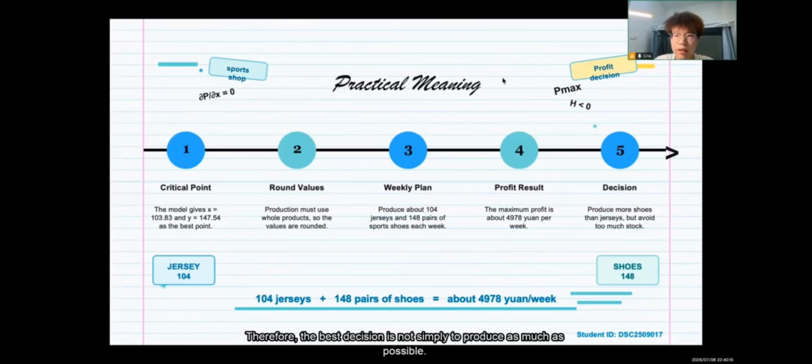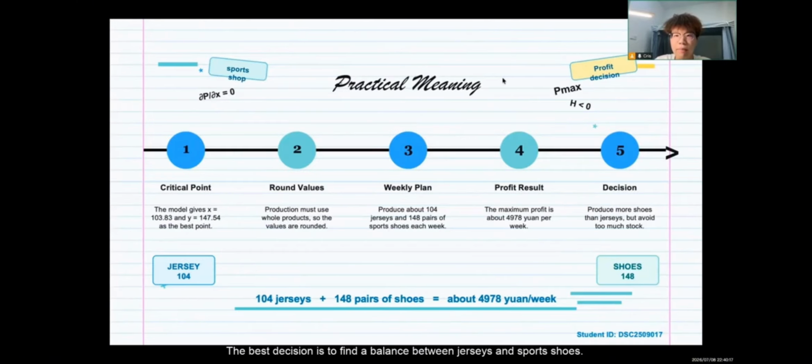The best decision is to find a balance between jerseys and sports shoes. This is where partial derivatives are useful, because they help the business find a production plan that gives the highest profit.